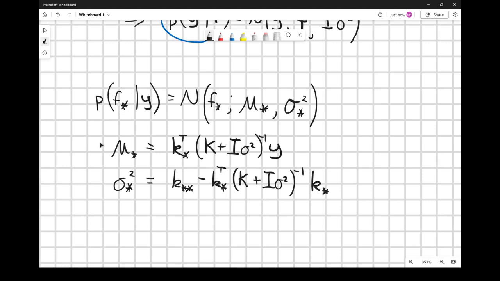It's Gaussian, we have a closed form expression for its mean and variance, and because we have this information, we're able to quantify the uncertainty in what f star could be as well. So for example, you might put 3 standard deviation confidence bounds on your prediction, which you would derive from this expression here.